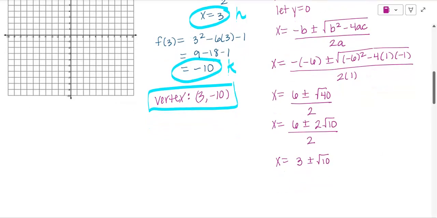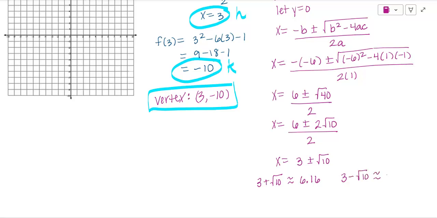I want to write out the decimal approximations of this just because I want to be able to graph this. So I'm going to plug in 3 plus the square root of 10 into the calculator to get a decimal approximation. And I'm getting about 6.16. And then I'll plug in 3 minus the square root of 10.